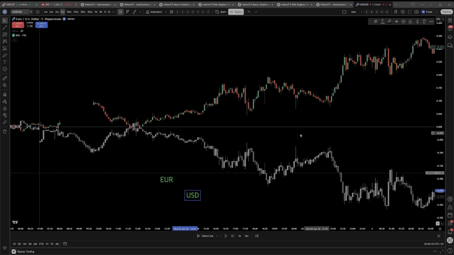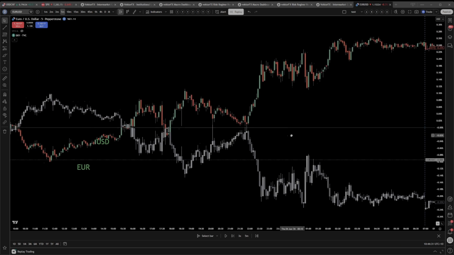So here's another example. The US dollar is getting stronger. What is the result of that on the Euro US dollar currency pair? It drops. US dollar, let's move this, is stronger than the euro, causing price to drop.